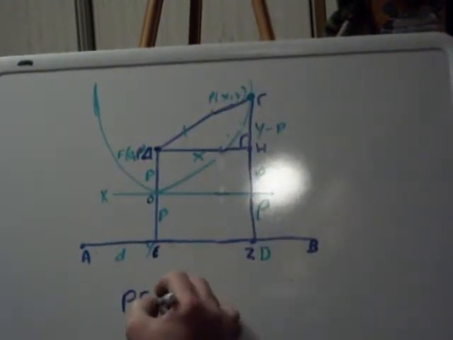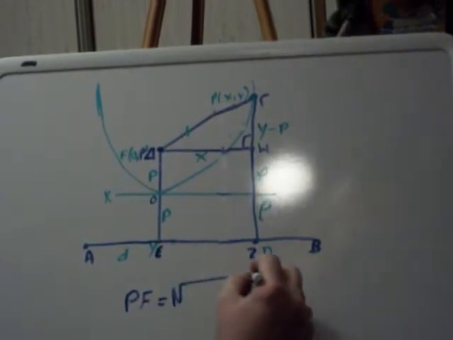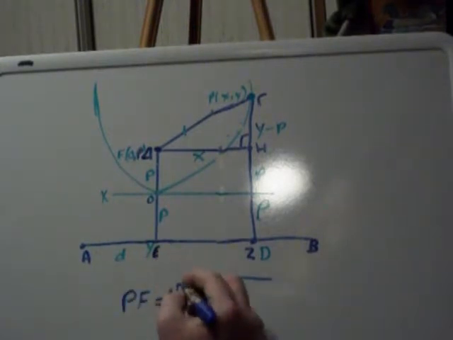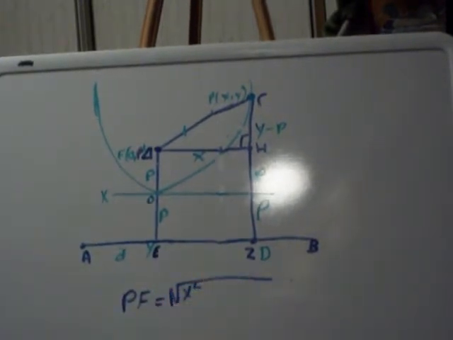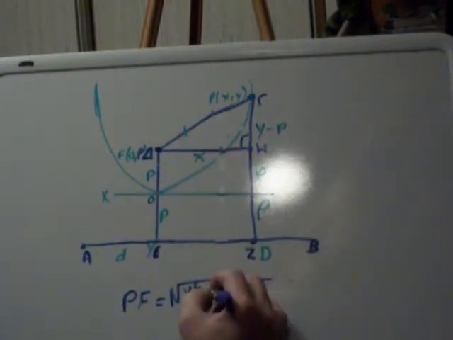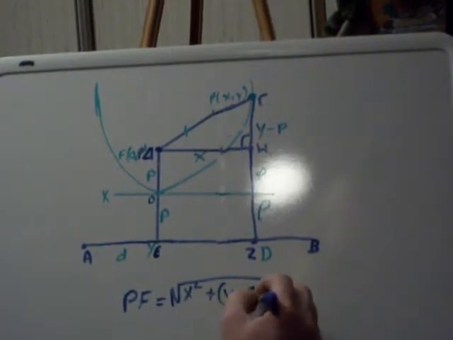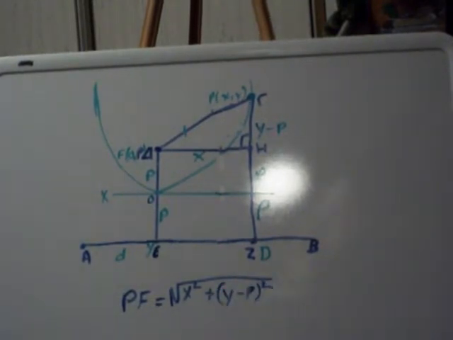It is equal to the square root of, and this is by the Pythagorean theorem, which I taught in Euclid Book 1, proposition number 47, if you'll remember that, x squared, because you have this length of x, you're going to square it, plus y minus p squared. And that's how you get that.